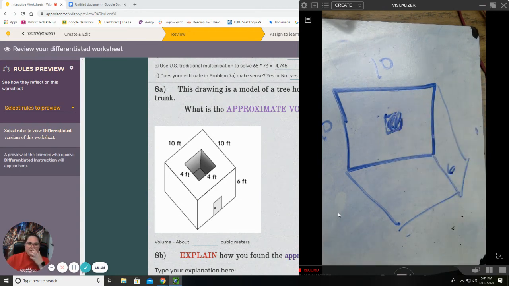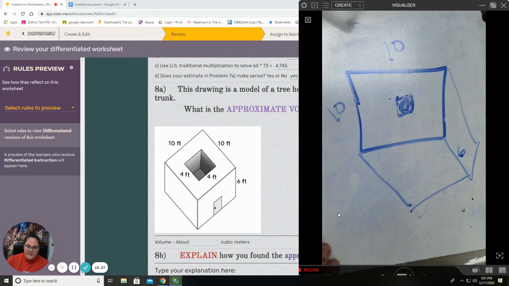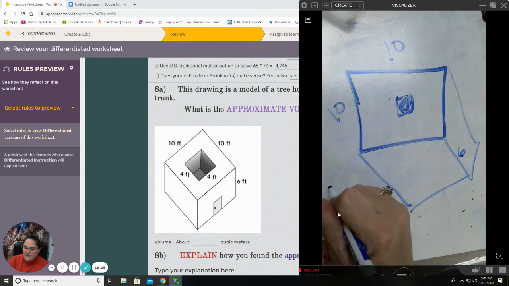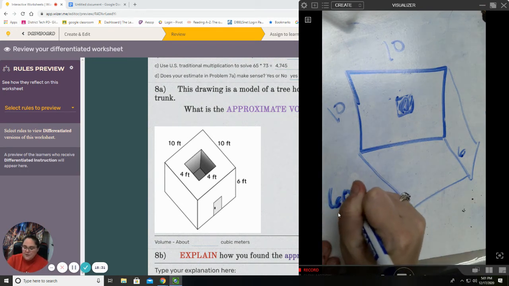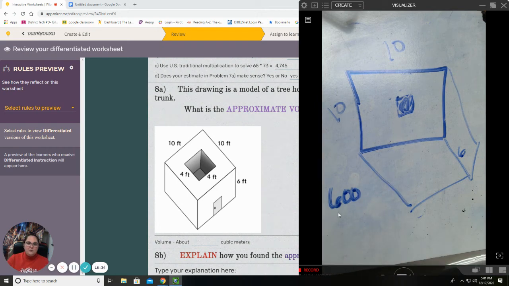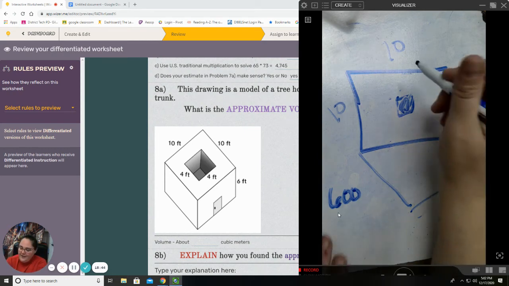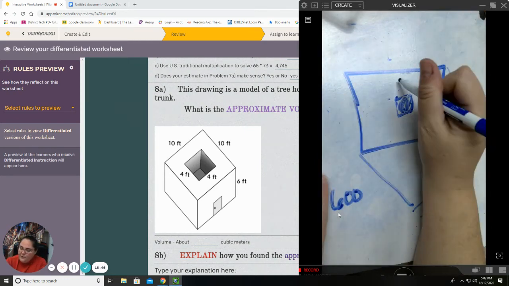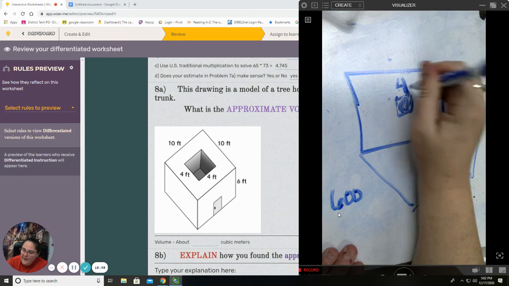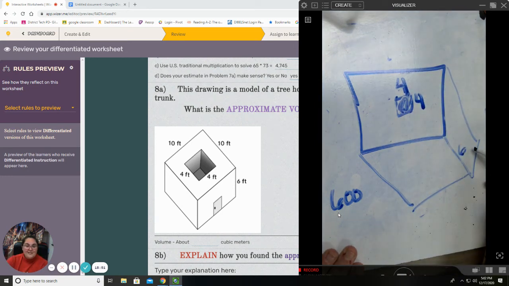So the first thing I would do is find that volume before I do anything else. 10 times 10 is 100, times 6 is 600. So if it didn't have the cutout, your volume would be 600. Okay? Now I need to take out what the cutout is. I do 4 by 4, and it's still the same height, because the tree trunk starts at the ground and goes all the way through.